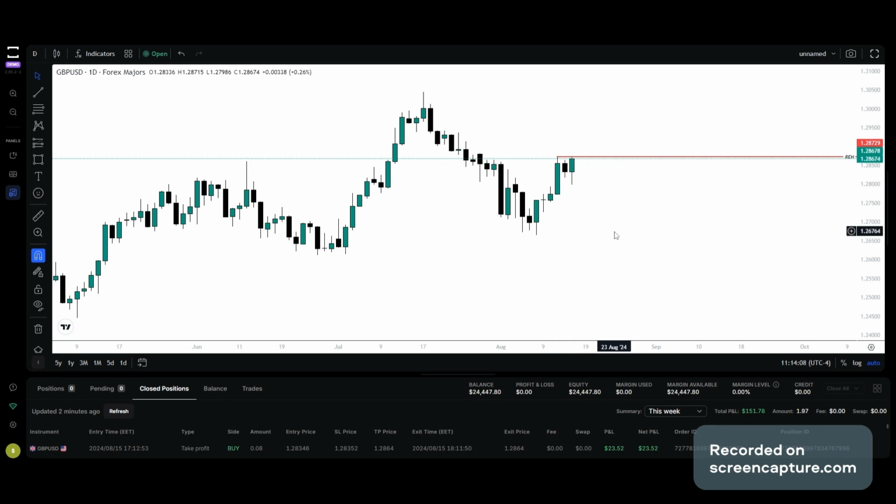So this is basically the ICT 2022 mentorship model on a daily time frame. And I believe we may have SMT here too. Don't quote me on that though. It doesn't matter if we have it or not. I don't really care. But the main thing is, this is delivering perfectly.